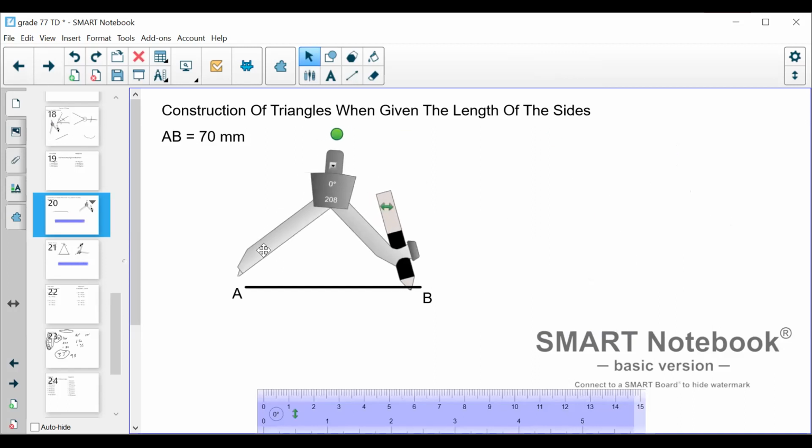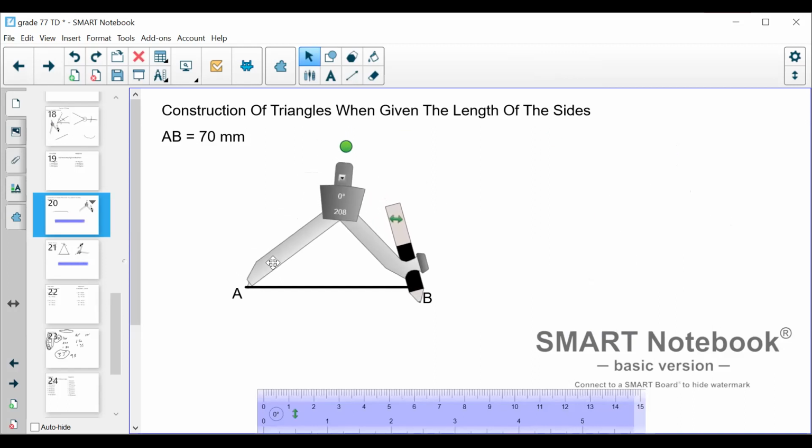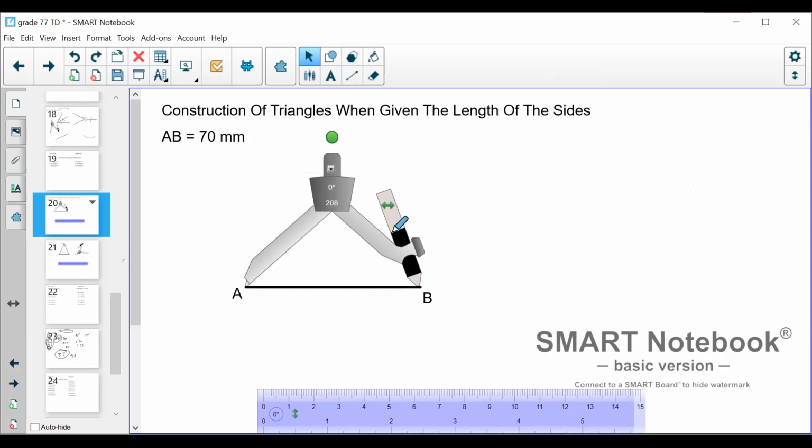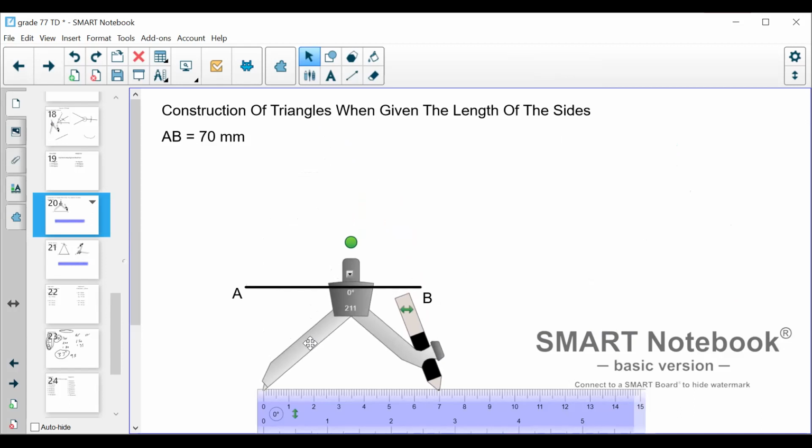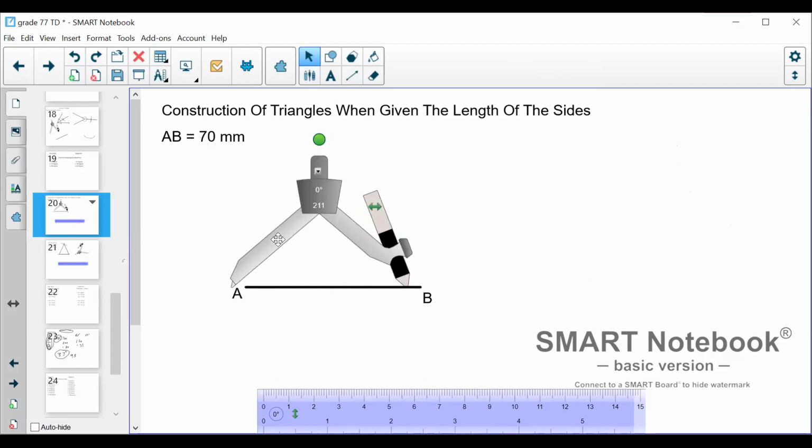We go from A and open the pencil point to B, which is 70 mm, or you can just use the ruler and find 70 mm. It should be the same thing.